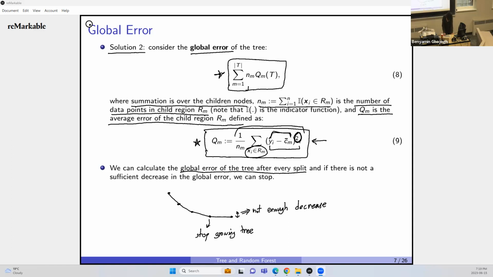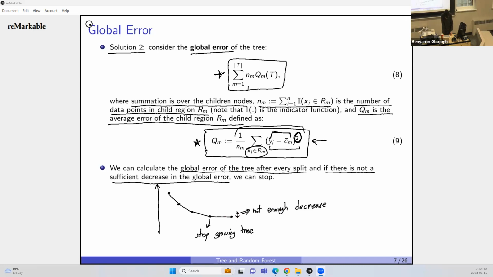And then if there is not sufficient decrease in the global error, we stop. An example is this figure. Assume the y-axis here is the global error, equation 8. It is going down, but at some point you might not have enough decrease, such as this. Then we stop.